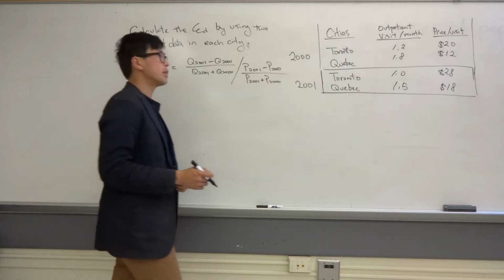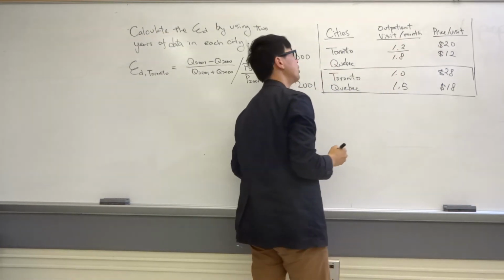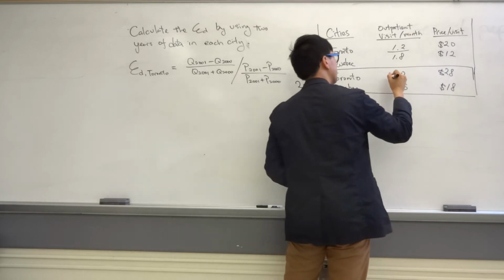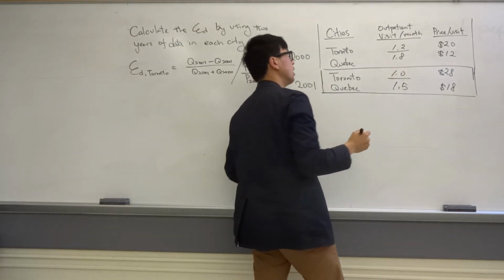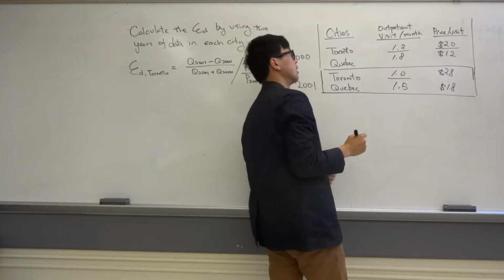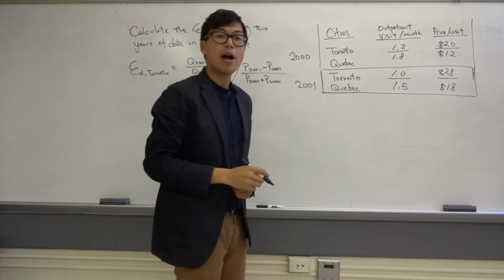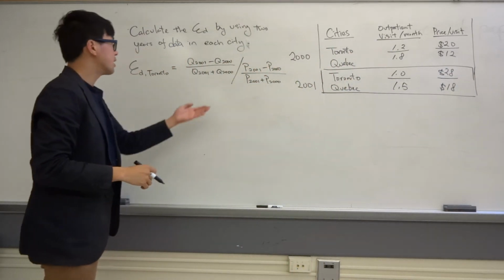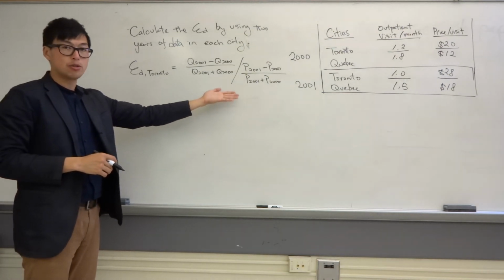So we are using the quantity in 2000 and the quantity in 2001 in Toronto, and also the price in 2000 and the price in 2001, also in Toronto. By using this equation, we can just plug in those numbers and get the results.